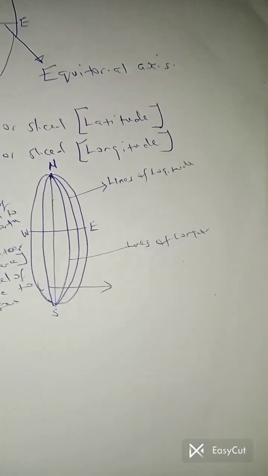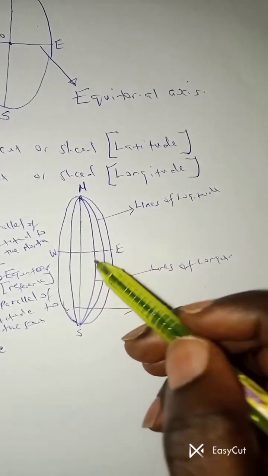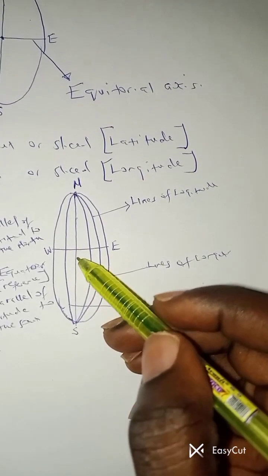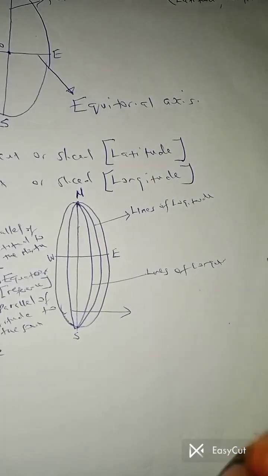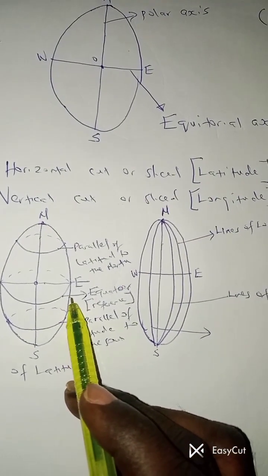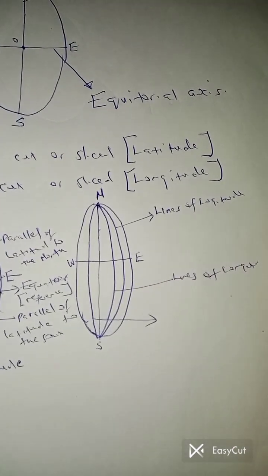But in every line of longitude, we always take the first one that is closer to the polar axis as our reference point. Just like we have a reference point within the equator, we also have a reference point within the polar axis.